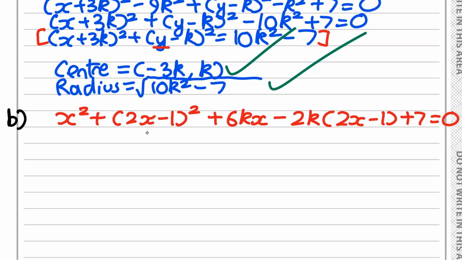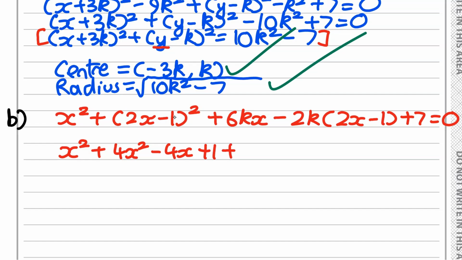Firstly, we have x squared plus, and then we expand (2x minus 1) to the power of 2. We have 2x times 2x, which is equal to 4x squared. We have minus 1 times 2x, which is minus 2x, but remember that we have this twice, so it's minus 4x, and then minus 1 times minus 1 is plus 1.